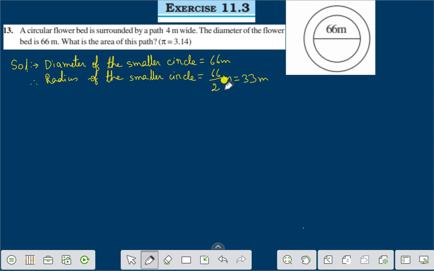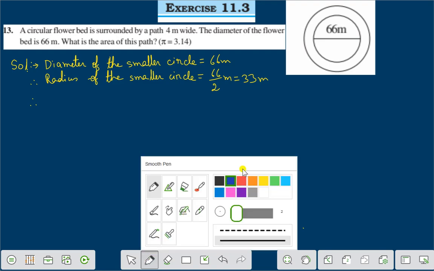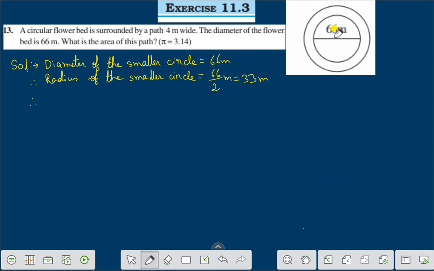We'll find the area of this circle. Let us take this radius from here to here, this radius be taken as small r, and the radius of the bigger circle, let us take this as capital R. I will find the area of the bigger circle minus area of the smaller circle.